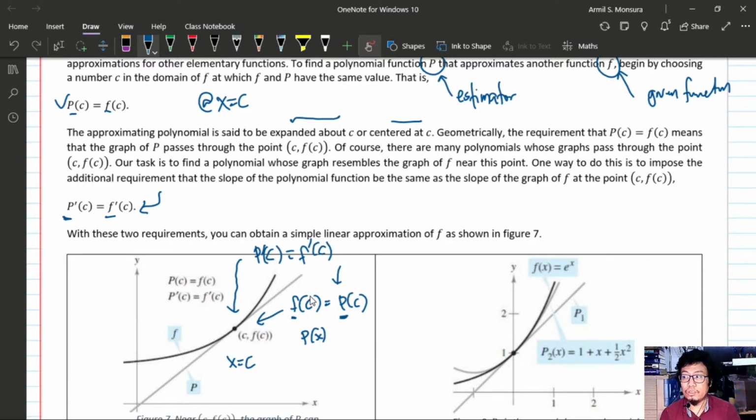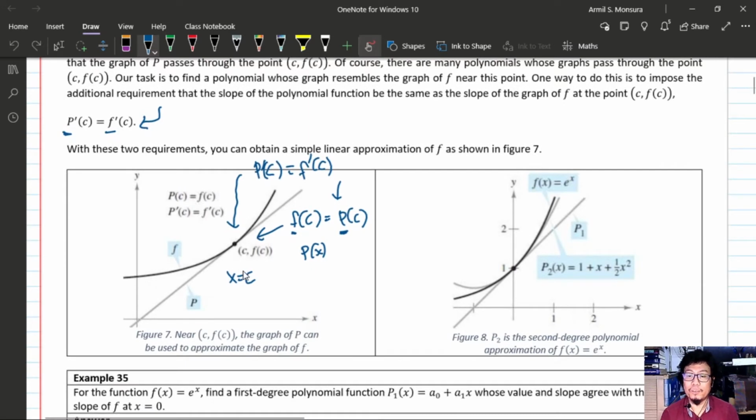So that's another condition that we can impose. With these two requirements, although f and p may seem to be of different shapes, you may be baffled.